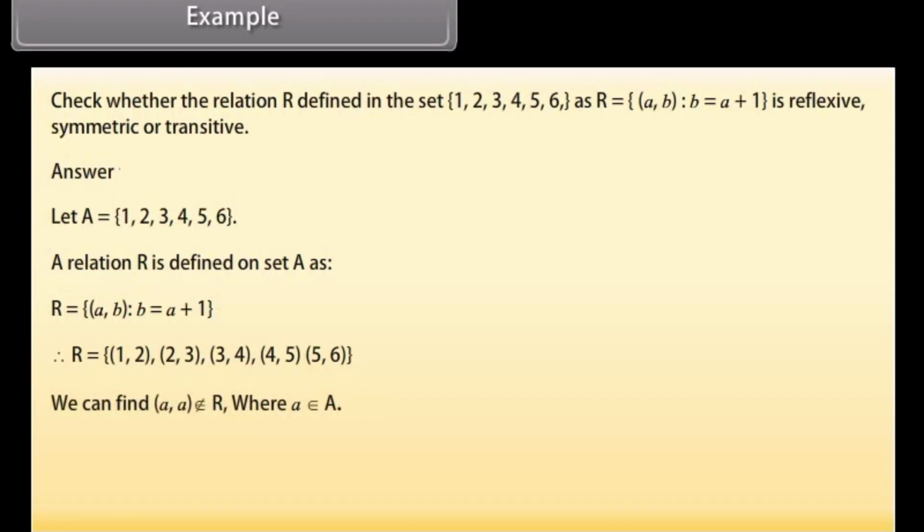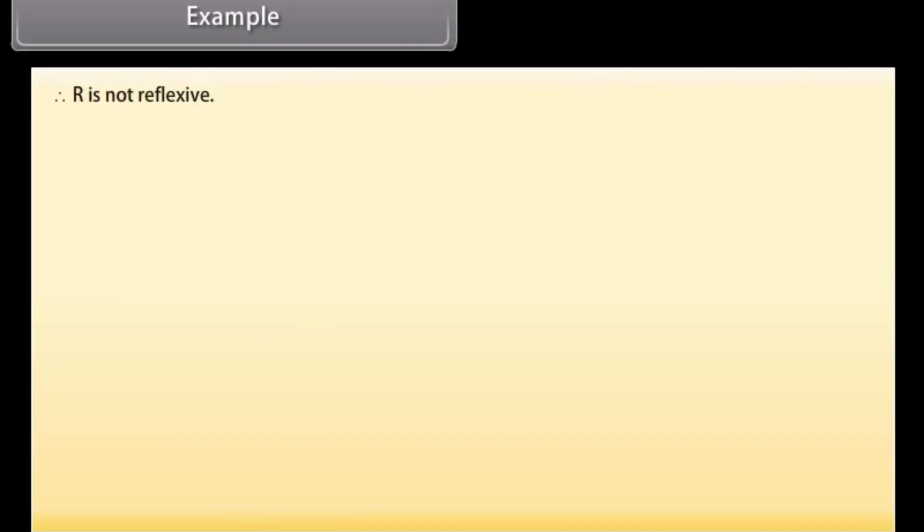We can find (a, a) does not belong to R where a belongs to A. For instance, (1, 1), (2, 2), (3, 3), (4, 4), (5, 5), (6, 6) do not belong to R. Therefore, R is not reflexive.